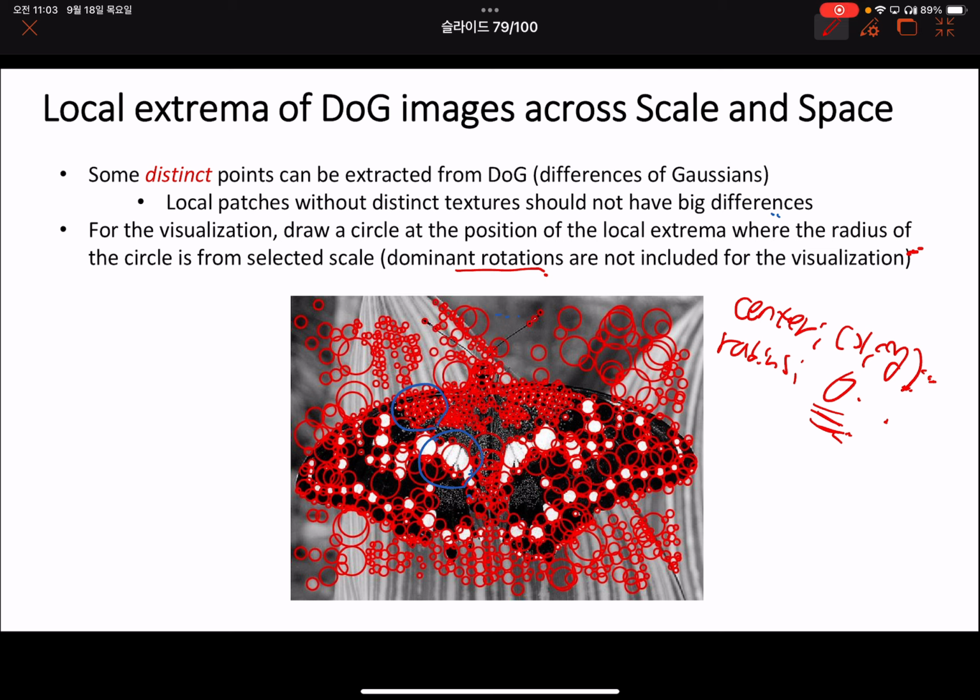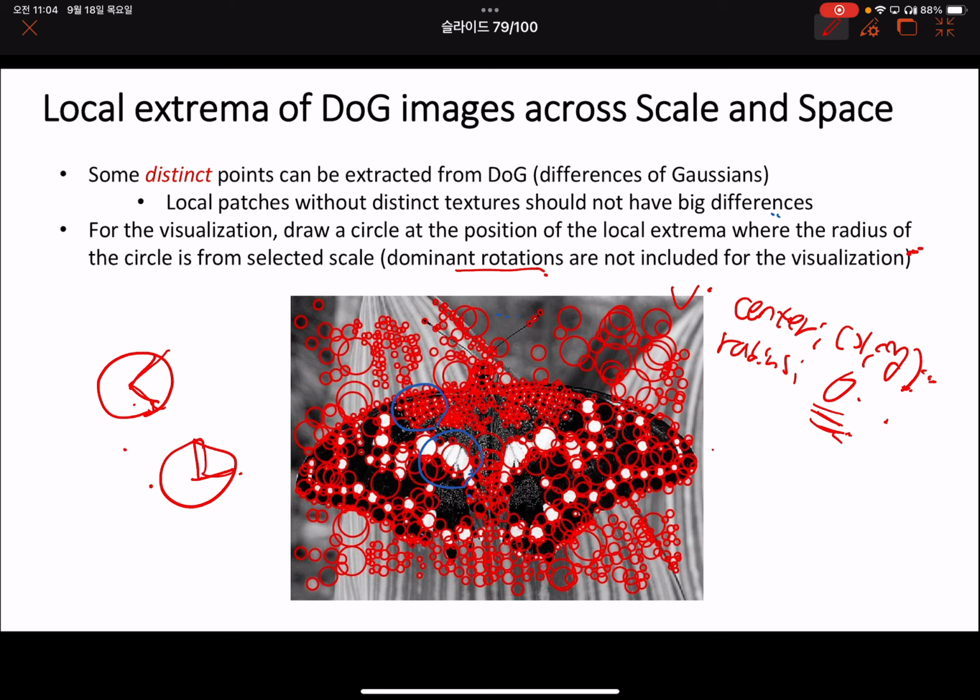For example, if you look at some results of SIFT features, you can see lots of circles, or you can see some circles with some lines. If you Google some SIFT results, you can find this kind of circle visualized results, or circles with a line. This means rotation of the local patch.